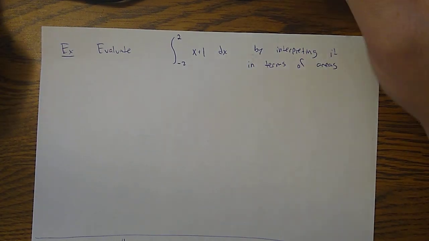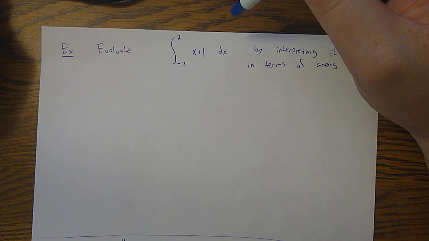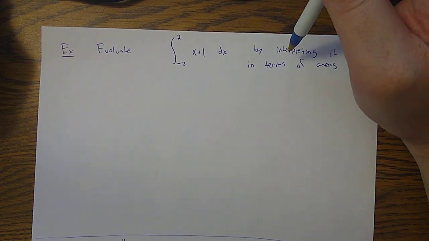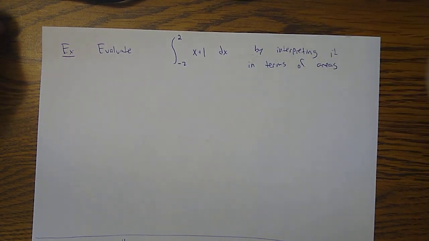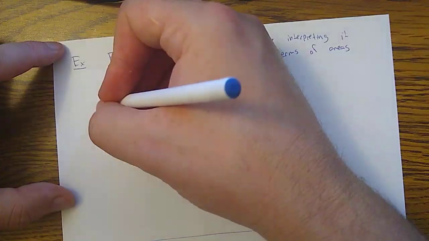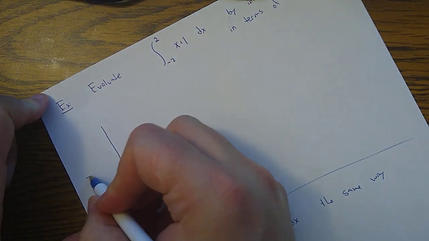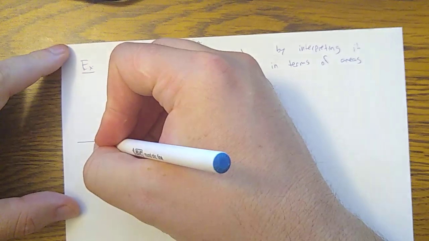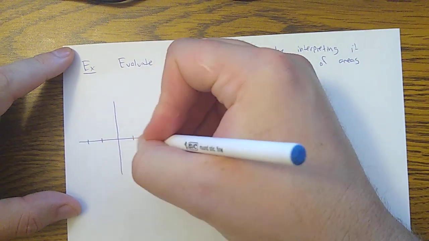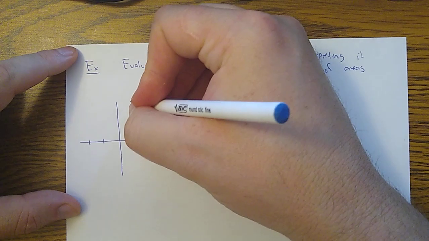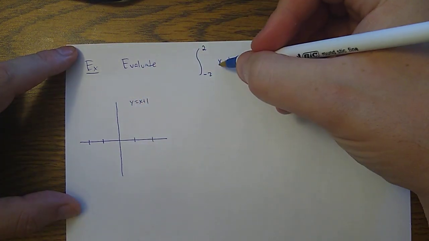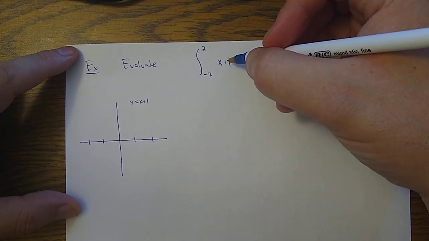So there's a couple of questions in this section about evaluating an integral like this by interpreting it in terms of areas. So let me draw a picture. I'm just graphing the function. This is going to be y equals x plus 1 because that's just what's in here.